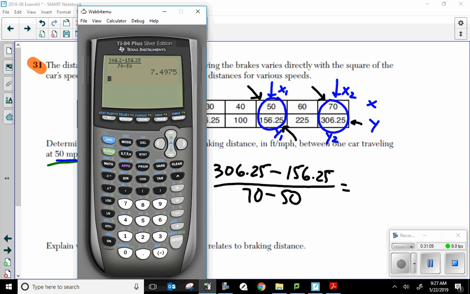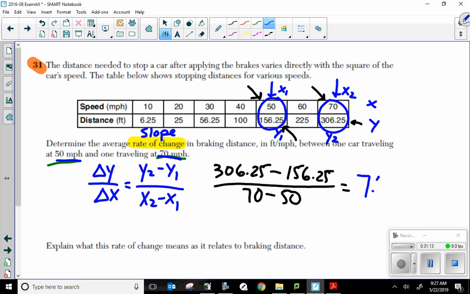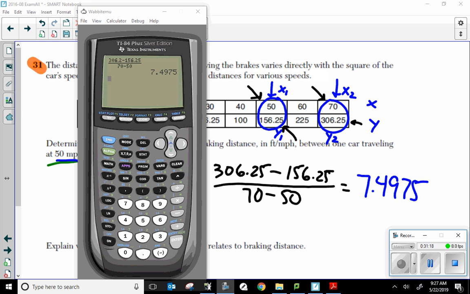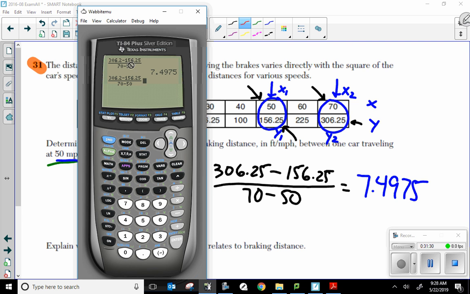Okay? That's a weird number to get. Let me check my calculator again. If you notice, maybe you noticed this in the video, right here it says 0.2.